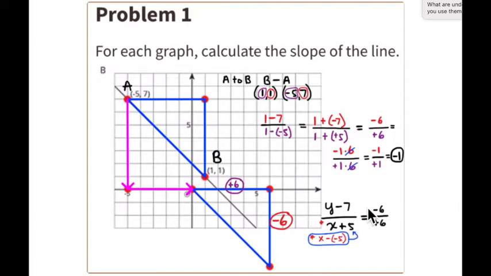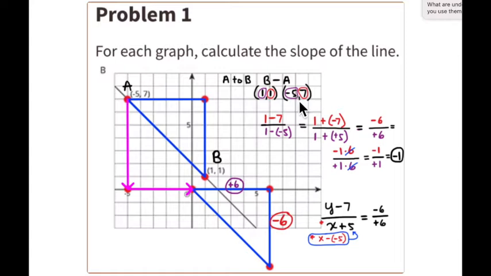So here's the y value as negative 6, and the x value is positive 6. So it's this negative 6 over this positive 6 as you move this way 6 units, and this way negative 6 units.